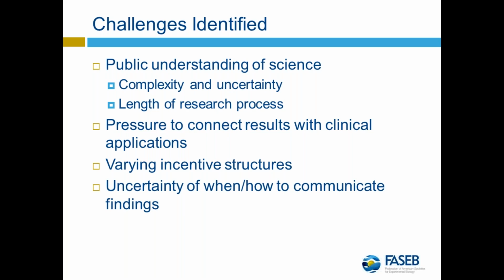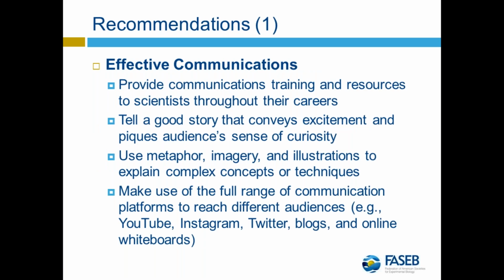There's also the challenge of the uncertainty associated with when and how to communicate findings. Do you just take one study, or do you bin a group of research studies and then release them? I think all of you could probably think of the instance where there's one study that's really interesting, but it's not going to be the magic bullet. So there were several recommendations that we came up with.